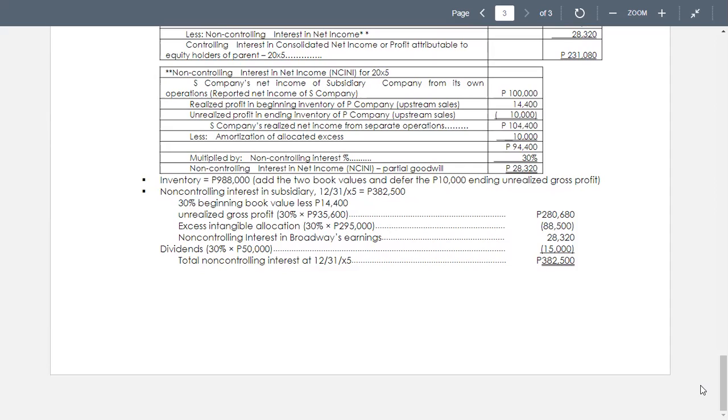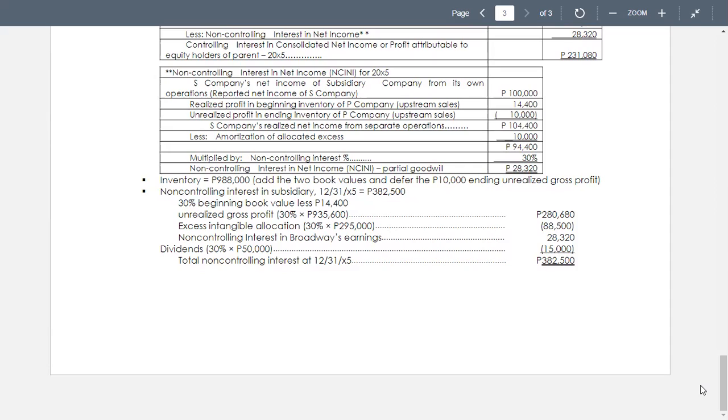So the beginning inventory of S company, merchandise meaning in beginning inventory of S company equals 225,000 purchased from Pine and 135,000 purchased from Tuna.